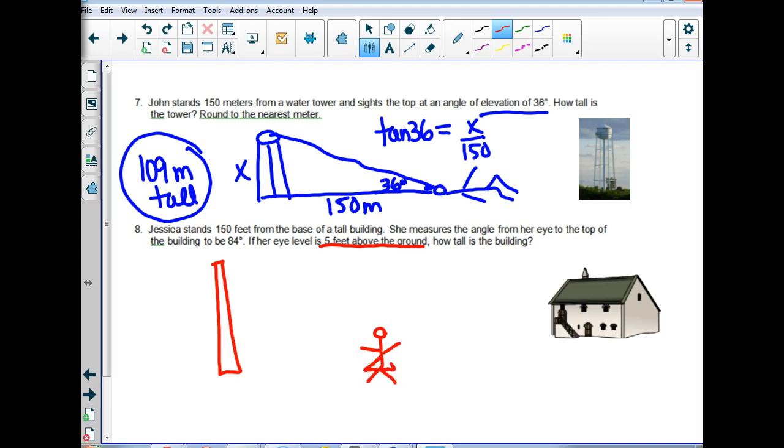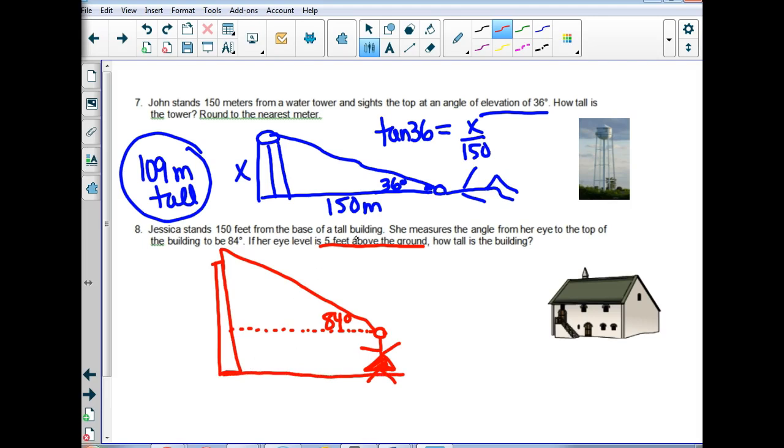I'll put a little skirt on her. Jessica is looking, and you have to think of her eyeballs. If she was looking straight ahead, you have to think of that as your horizon line. And then she's looking at the top of the building at an angle. Boy, I didn't make that angle 84, but there we go, 84 degrees. So she must have been closer.